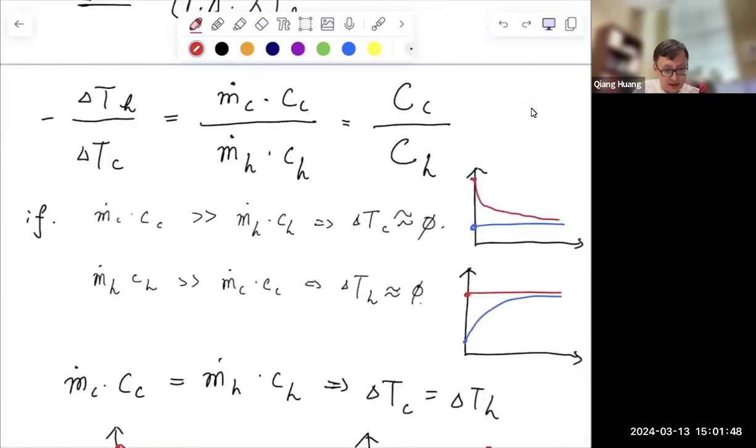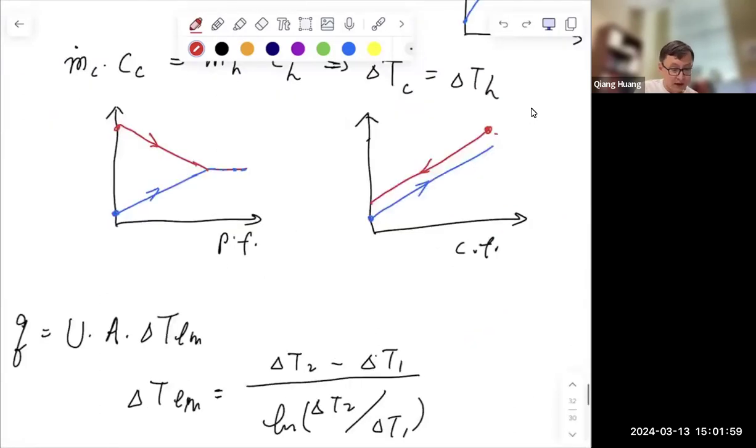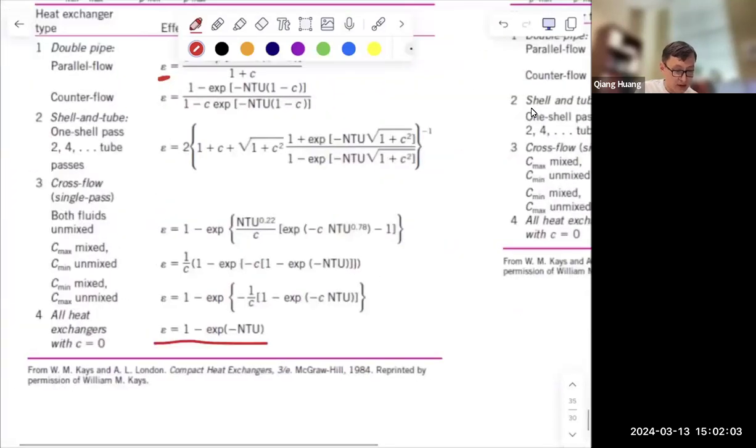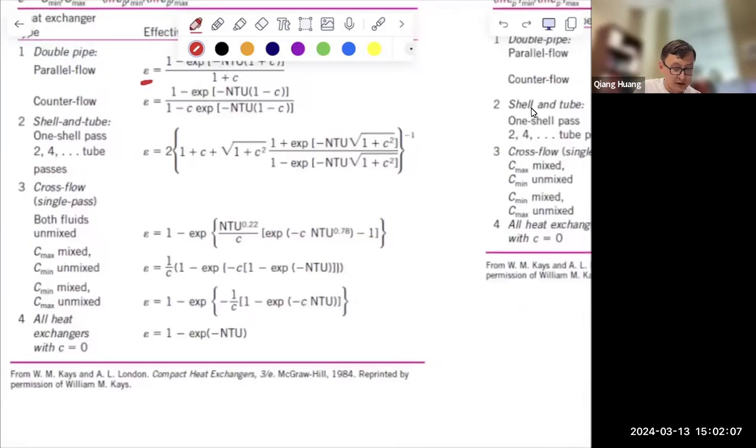The hot fluid can be an infinite amount, or the cold fluid can be an infinite amount. In either case, the ratio between the two equals 0, and that will be a special case when we calculate the effectiveness and the NTU. All right. In class, we will use example problems to solve the evaluation and the design questions.